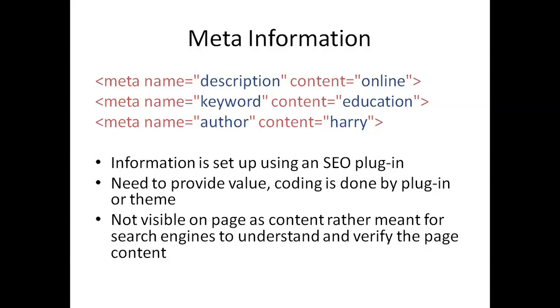Then the search engine will also check the excerpt from the content of that page. And if they find the description that you specified similar to the excerpt, then it is verified. If they find that the description is something different and the content is related to shopping, it is nowhere related to teaching, then that is irrelevant description.